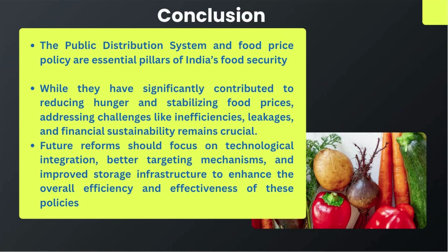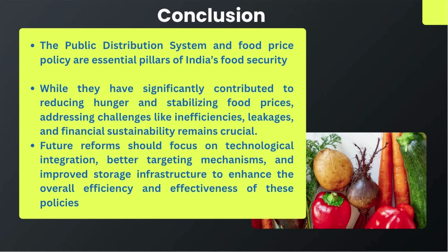We should focus on technological integration, better targeting mechanisms, and improved storage infrastructure, because those systems will allow the government to improve the public distribution system, and it will enhance the overall efficiency and effectiveness of those policies.